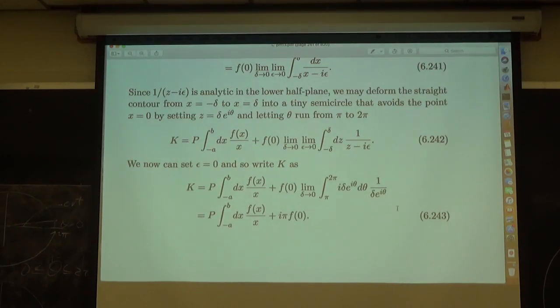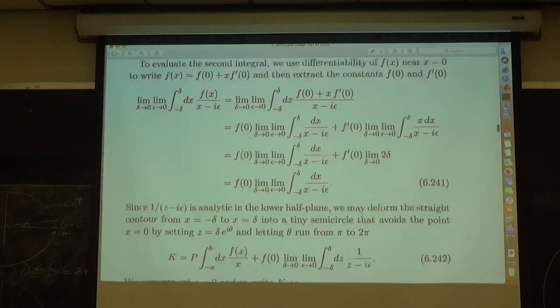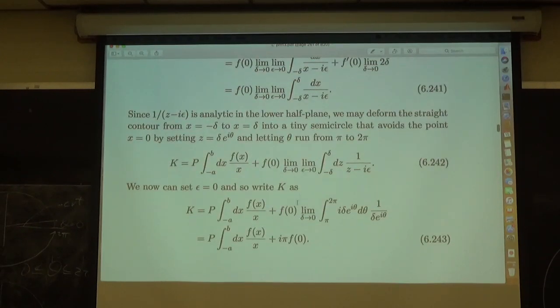The delta e to the i theta cancels, and so we just have an integral d theta from pi to 2 pi. That's just pi, and the i comes out. So altogether, k is the principal value of the integral plus i pi times f of 0.